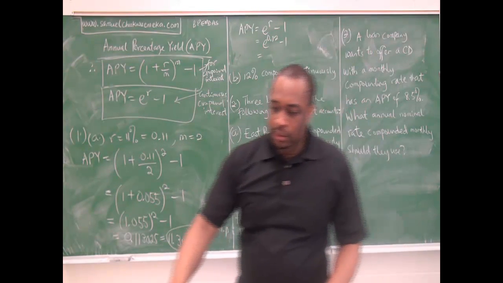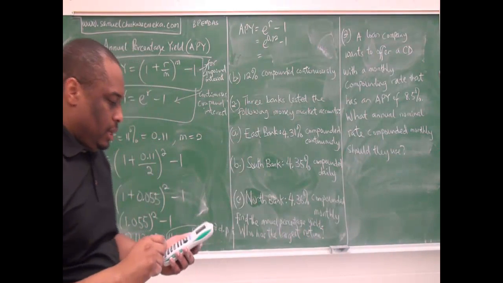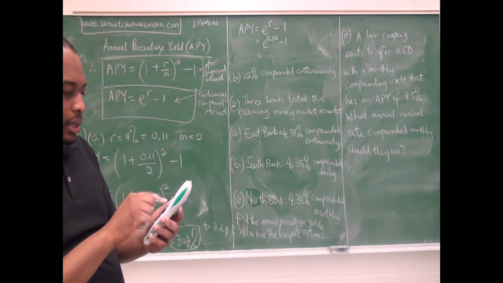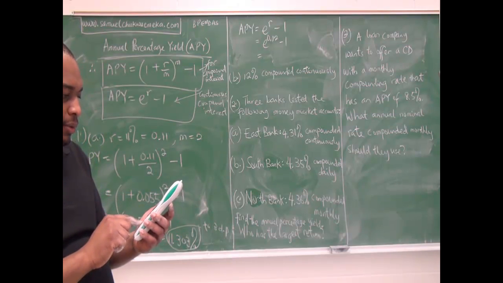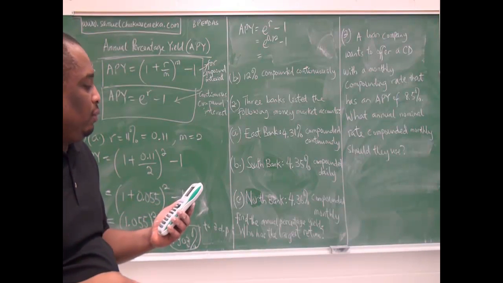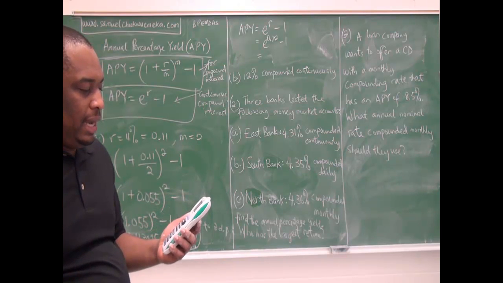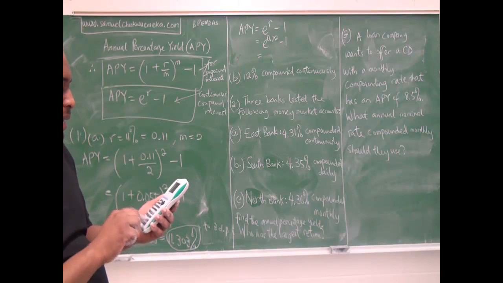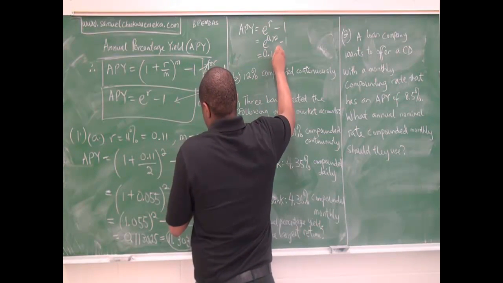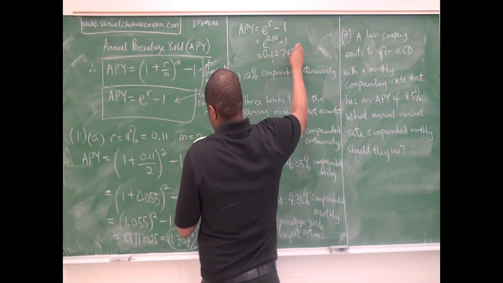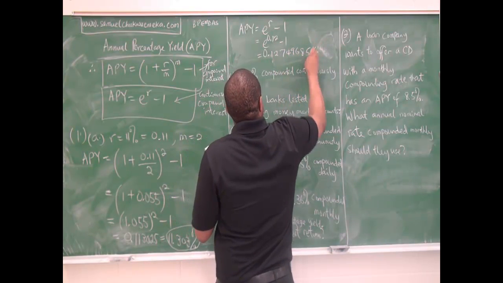Okay, so you do shift E, then 0.12. So that will give me 1.127496852, then minus 1. And that will give me 0.12749685516.